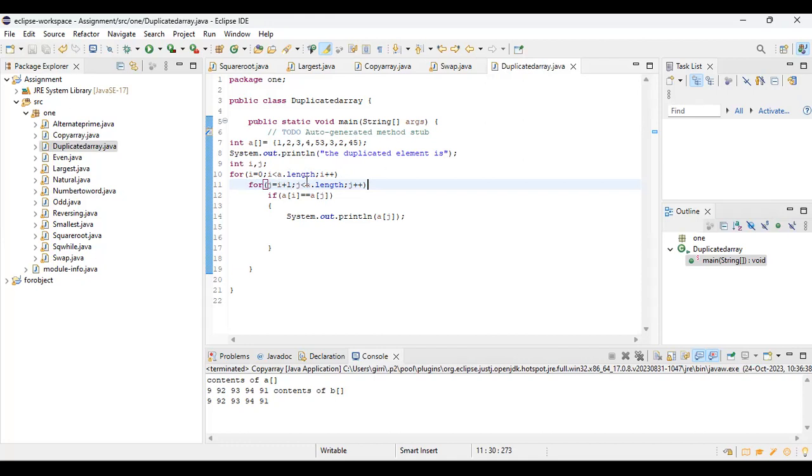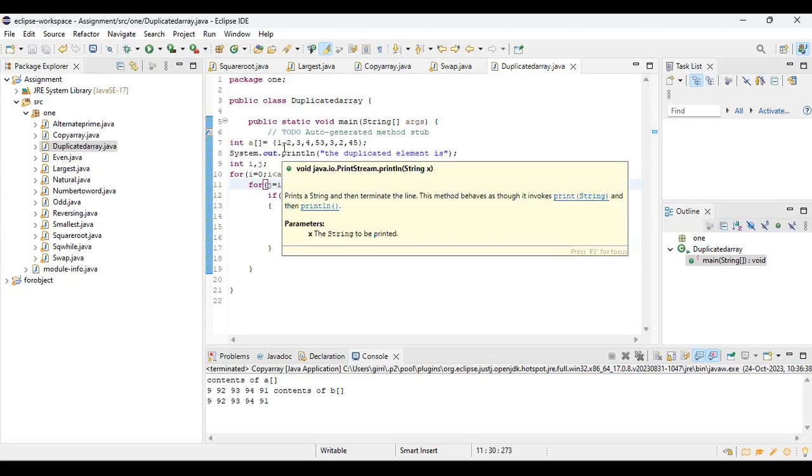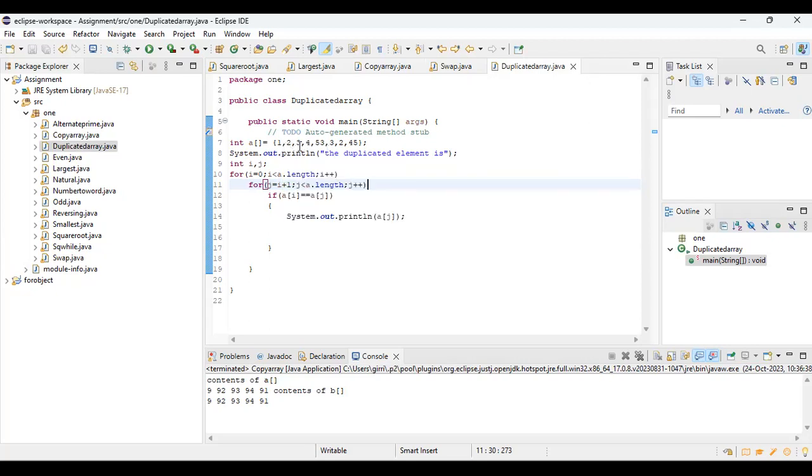So now here it is i plus 1, and then it is comparing a of i and a of j. That is, the ith value is compared with the jth value, and here it is repeated. So we have to check what are the values repeated. I think 2 and 3 are repeated. All other values are present in a single number only.